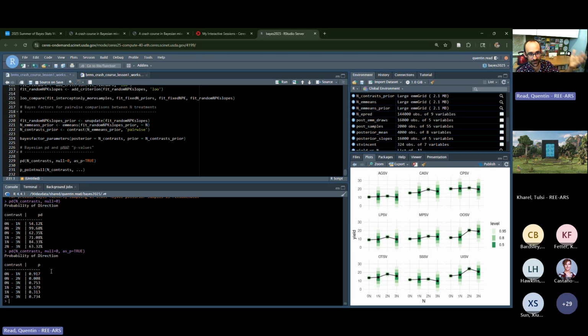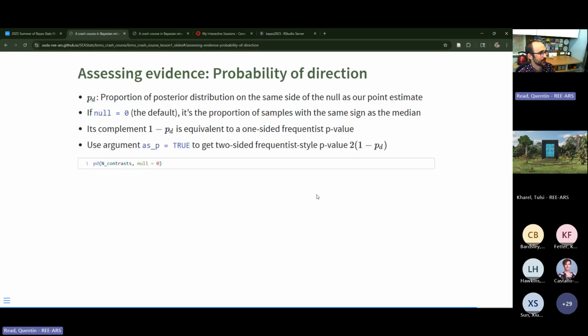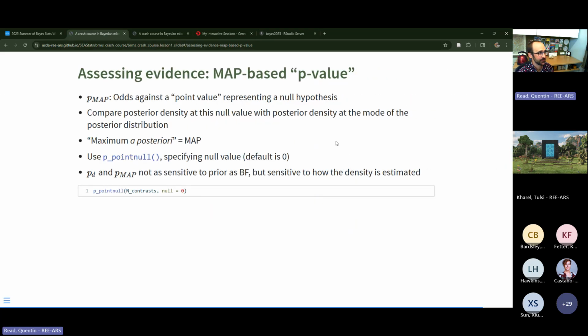Now, there are a lot of different ways to calculate a p-value-like number from a Bayesian model. Another one is called pMAP, the maximum a posteriori p-value. I won't get into the details of this. It basically takes your posterior distribution and asks what is the density of that posterior at the null value versus the mode, the difference we observed.